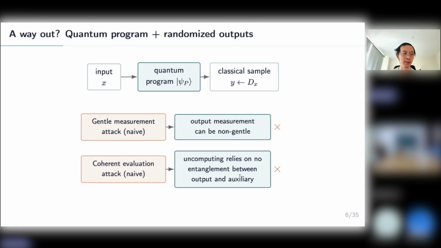This is true if you are computing something deterministic, but it's no longer true once the output is potentially highly randomized. So it turns out that you can get around the impossibility by having both a quantum program and a functionality whose output is randomized, but you need both.